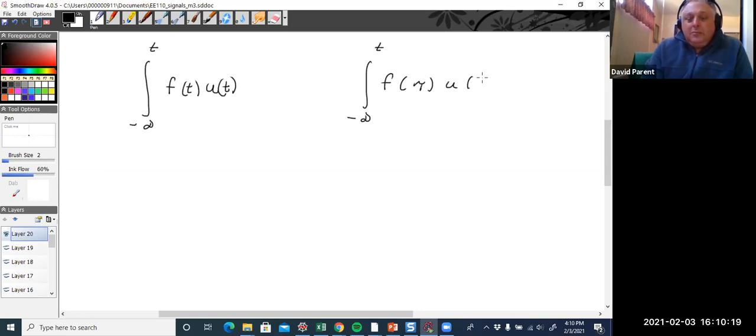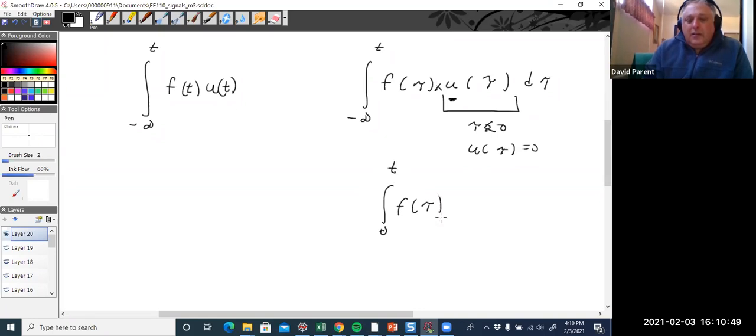And let's just say it's multiplied by a step function of tau, right? Well, for tau less than 0, u(tau) equals 0. So then there's nothing to integrate. So all I have to do is put the 0 here, f(tau) d tau.